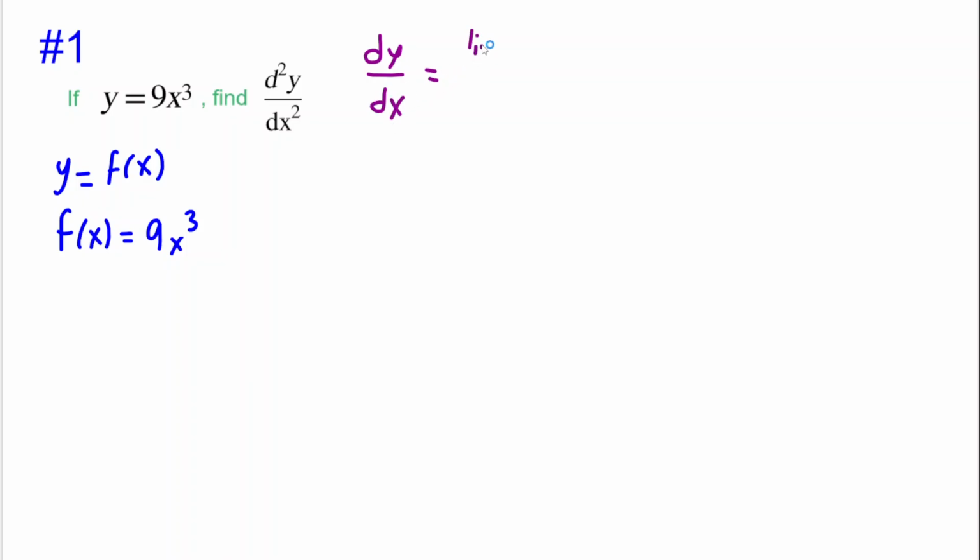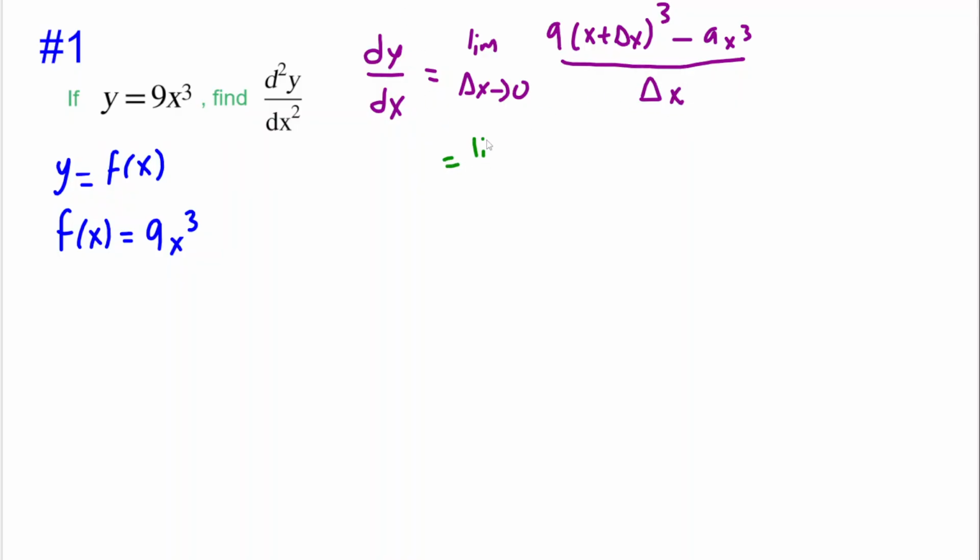So that's going to be the limit as delta x approaches 0. Okay, I'm just going to assume you guys know how to do this. So 9 times (x plus delta x) cubed minus 9x cubed all over delta x. And so then this will be the limit as delta x approaches 0 of 9 times, and I'm just going to use, again, I know what a plus b the whole cube equals.